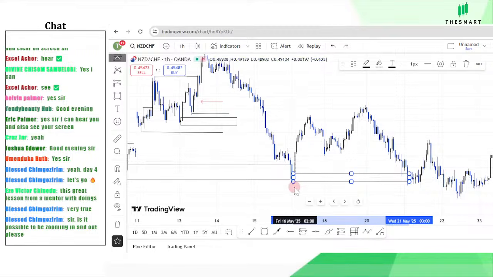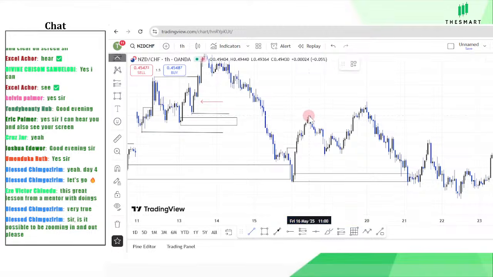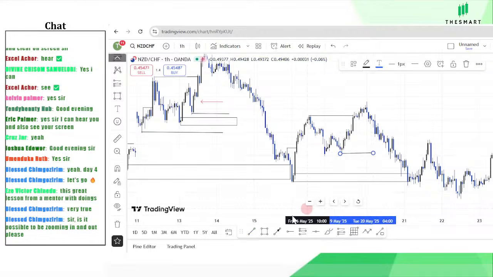Then we also had another break of structure here to the upside, and this is what we called our inducement. This is our inducement. And what can we see? We have our fair value gap here.